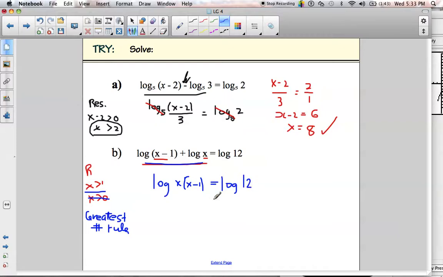All right, now we can cross out. So that's why we do single logs on each side. Now we rainbow in, so we get x squared minus x equals 12.